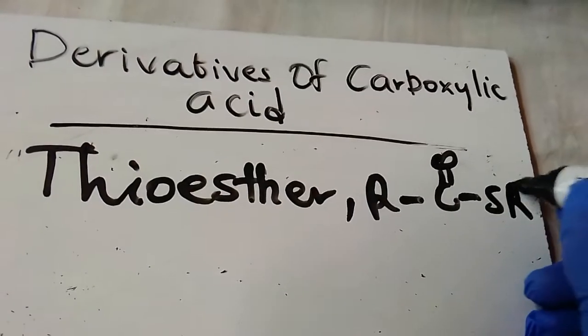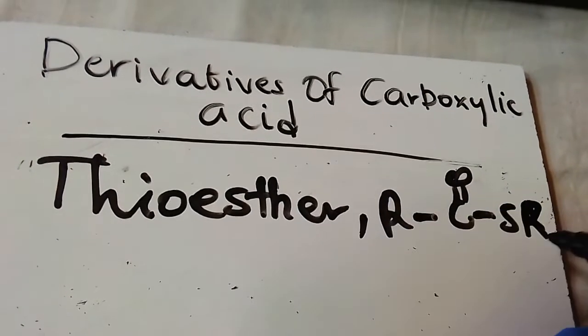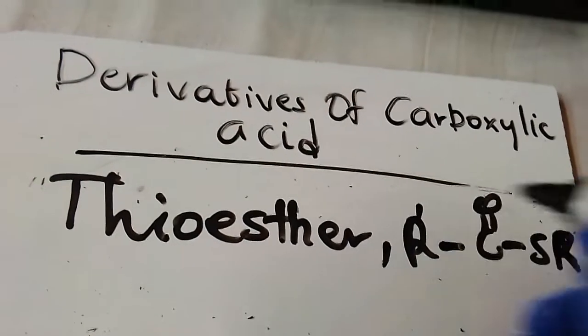This is ethyl ester. The R that we use represents an alkyl group. So here's R1, let's say here's R2.